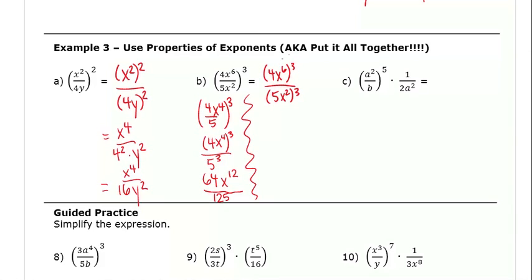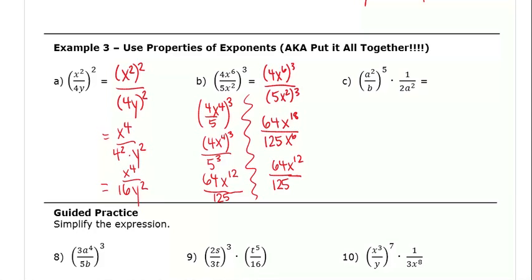That cube is going to be applied to both, so we're going to get 64 x to the 18th, if you multiply your powers, over 125. Multiply your powers here, x to the 6th. And now hopefully you realize you need to simplify your x's in the end. 18 minus 6 gives you 12, more x's on top, and we still arrive at the same final answer.